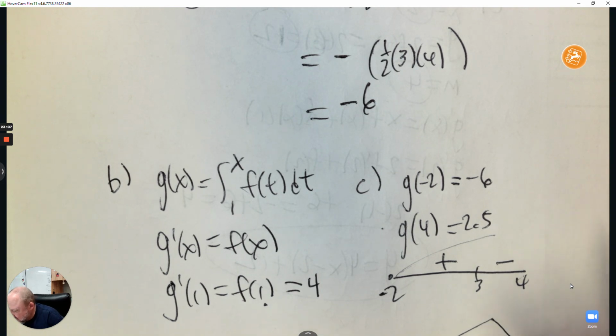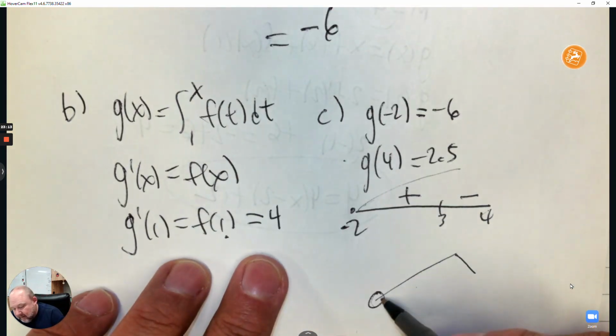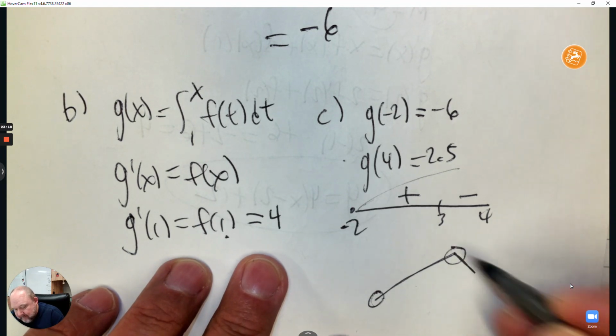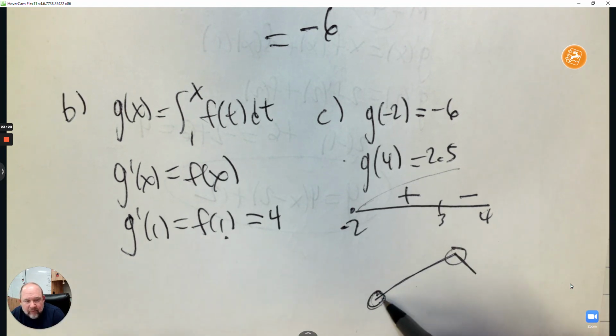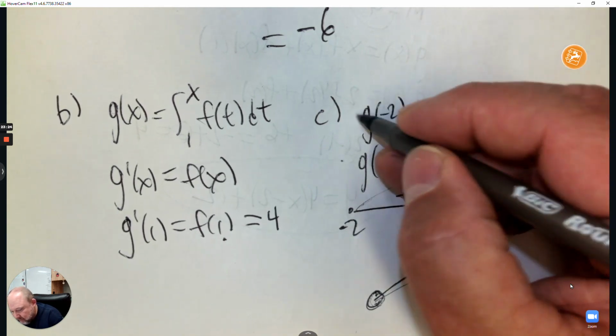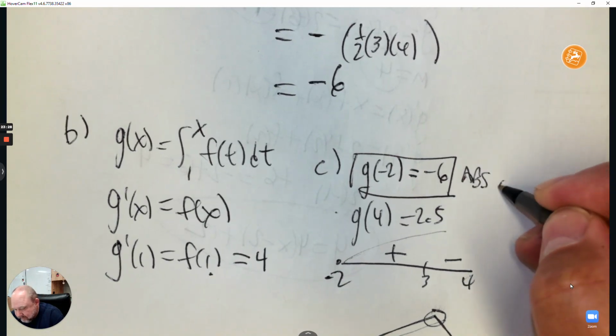And we're asked for the absolute minimum. So the absolute minimum has to be like where I started. So it increases and a little decrease. So I know where the maximum is, but the minimum must be like where you started before you start increasing. So it must be at -2. So -6 then is your absolute minimum.